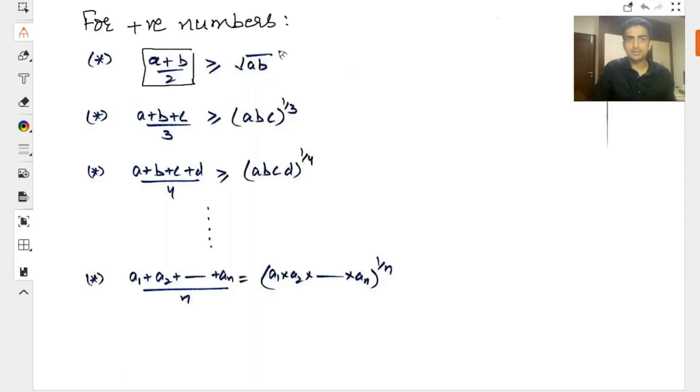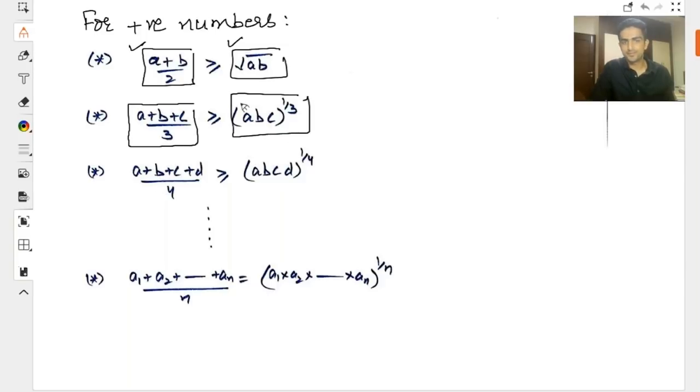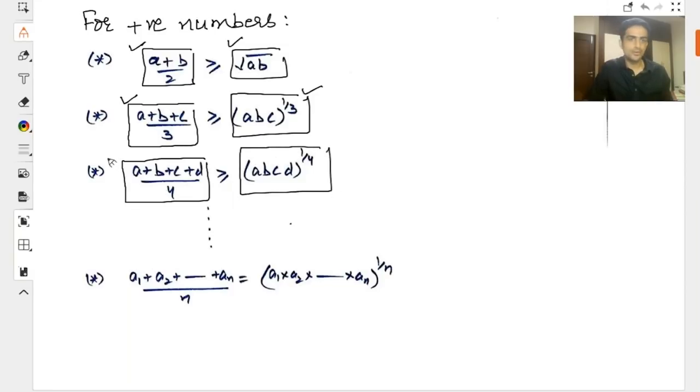For two numbers, this relation becomes this: AM of two numbers is greater than or equal to GM of two numbers. Now for three numbers, this is the AM of three numbers and this is the GM of three numbers. AM of three numbers is greater than or equal to GM of three numbers. Similarly, for four terms, AM of four numbers is greater than or equal to GM of four numbers.